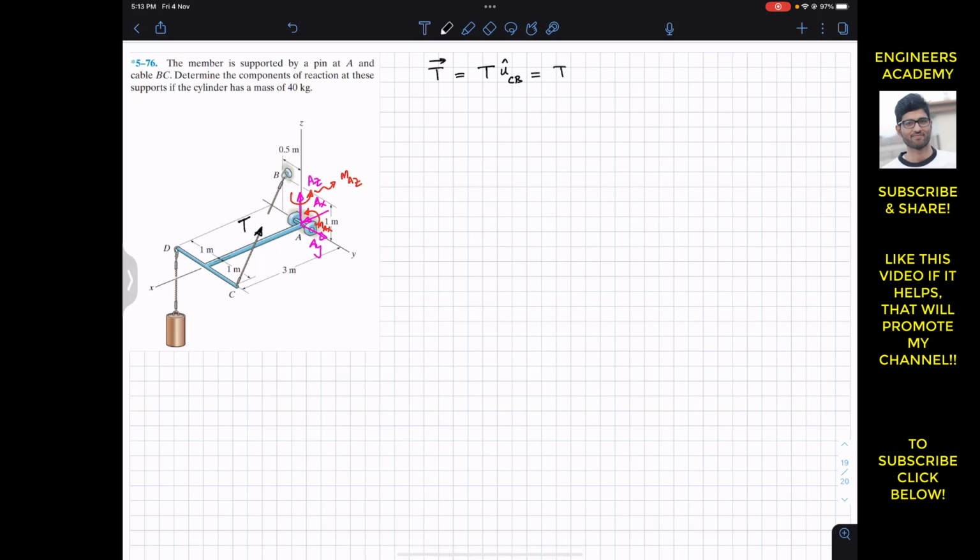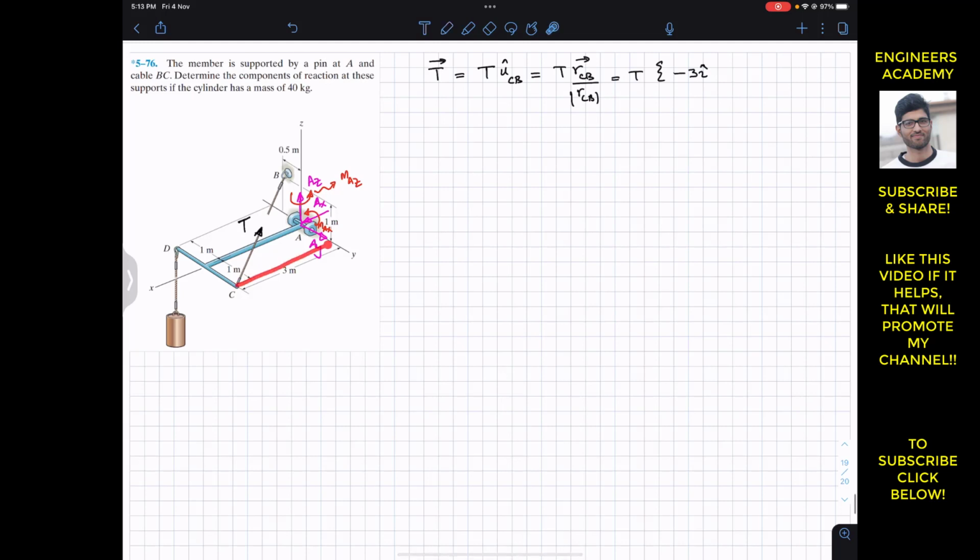And the unit vector from C to B is the position vector from C to B divided by the magnitude of that position vector. So first of all, we have to find the position vector from C to B. As we have discussed several times, while finding the position vector from C to B, we need to start moving from C along the X, Y, and Z, and we will try to reach that point B from C. So from C, we need to travel 3 meters in the negative X. So I will write minus 3i, 3 meters in the negative i.